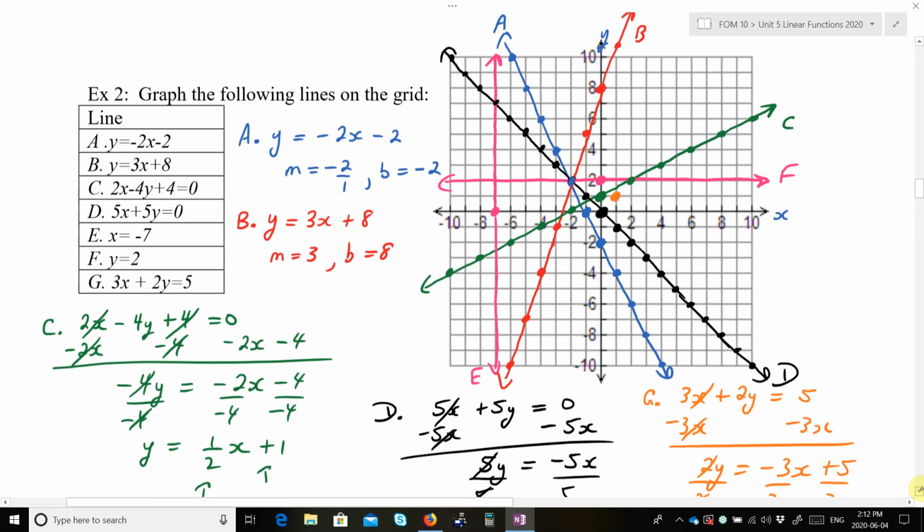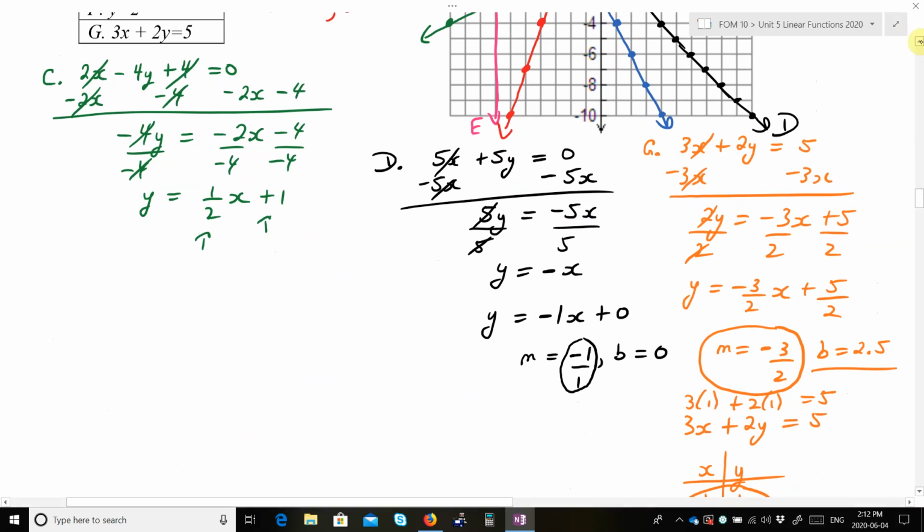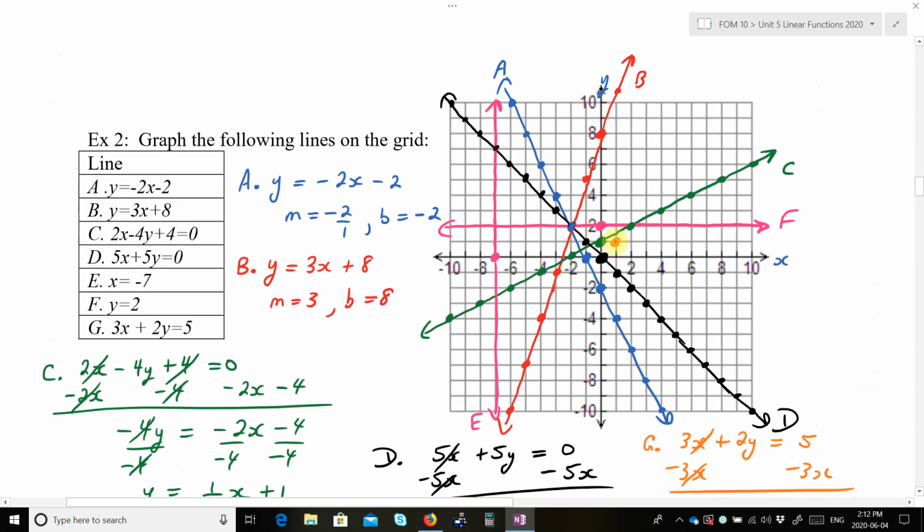And then we can use that slope that we got. What was it? Negative 3 over 2. So I'll go back here. You just start at your 1, 1 point and go 1, 2, 3 down, 2 to the right. 3 down, 2 to the right. And the other way, it is 1, 2, 3 up, 2 left.